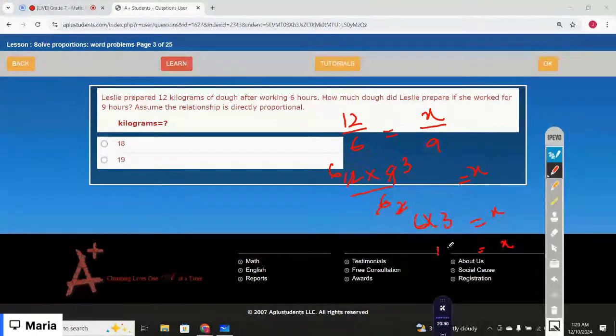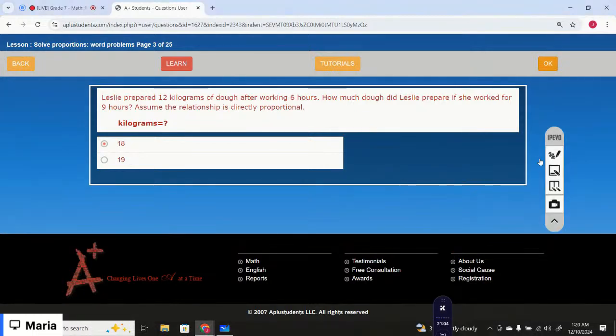That is x equals 18. Option number 1 is the correct option.